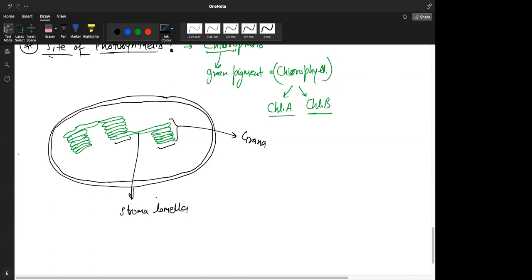The membrane of this grana is called thylakoid membrane. Is it clear, everyone?